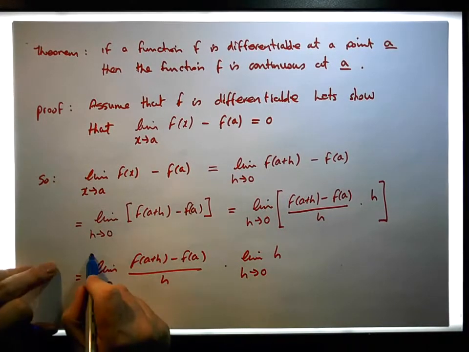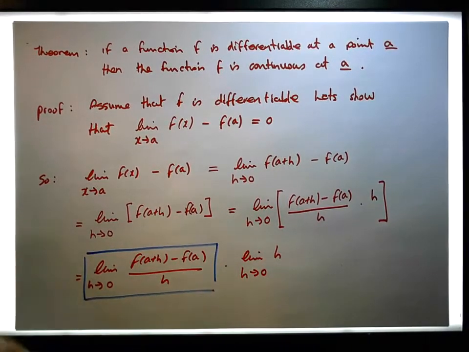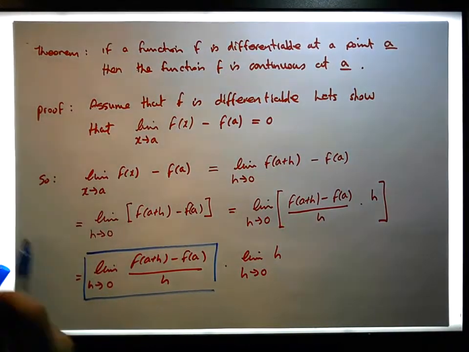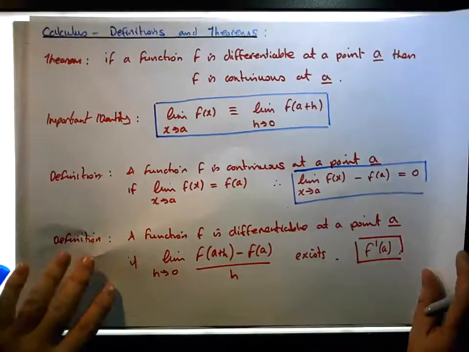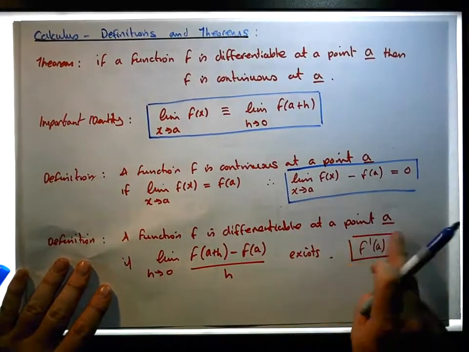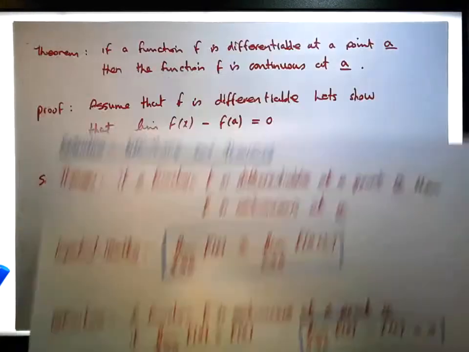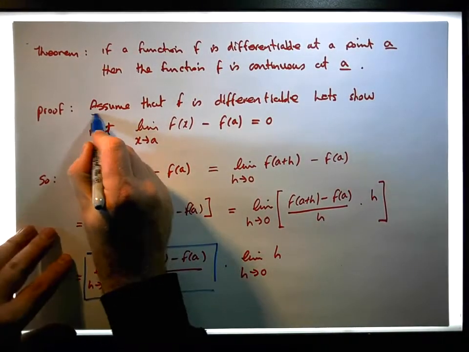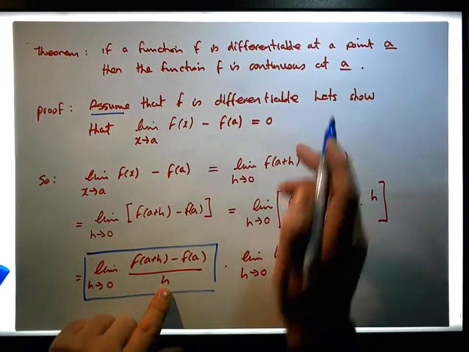What is this particular thing? It's the definition of differentiability. A function f is differentiable at a point A if this particular limit exists. We started this proof by assuming that f is differentiable, so this limit exists.